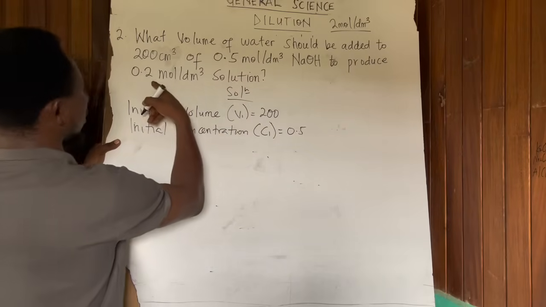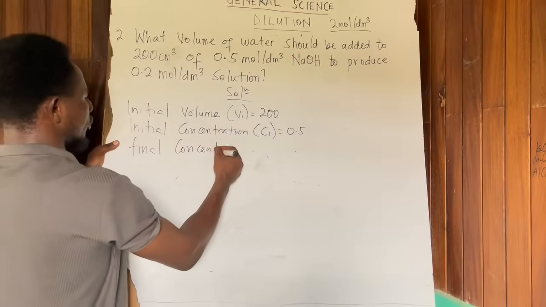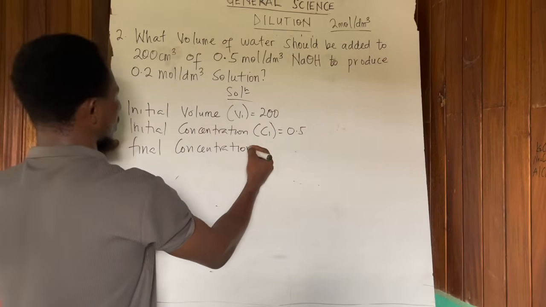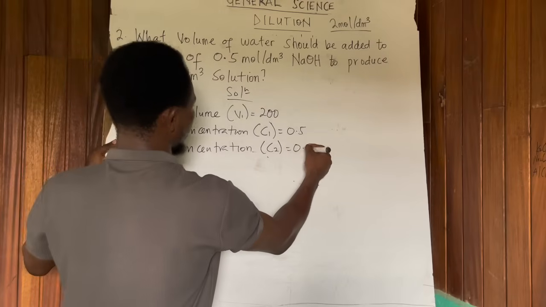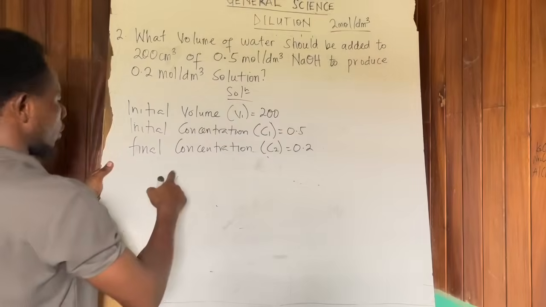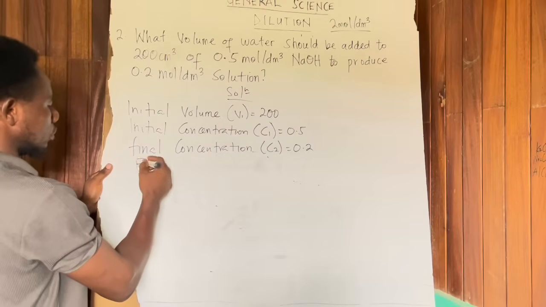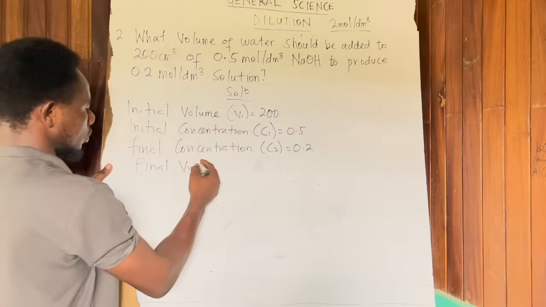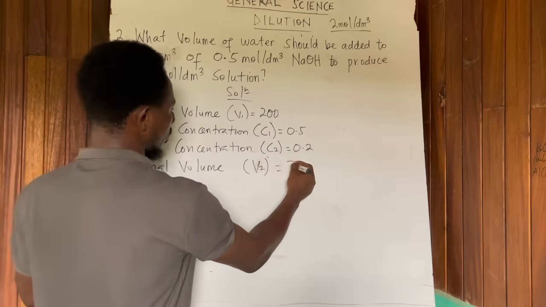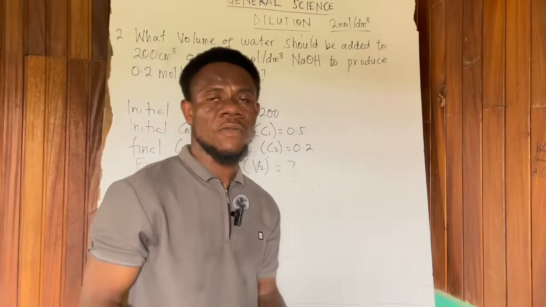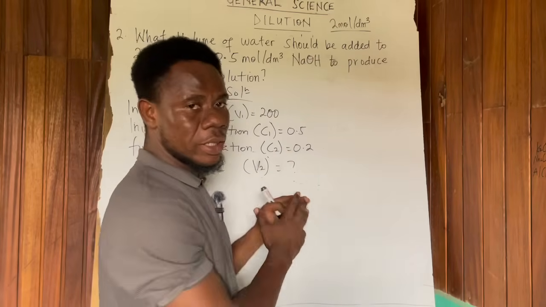My final concentration was given in the question as 0.2 mole per dm cube solution. Now we were not given the final volume, V2. The question says we should calculate for the amount of water which was added. Now I will use two procedures to find the answer.